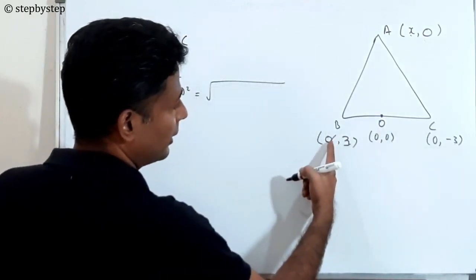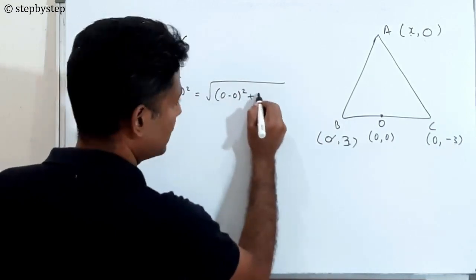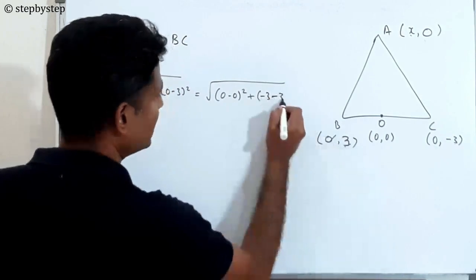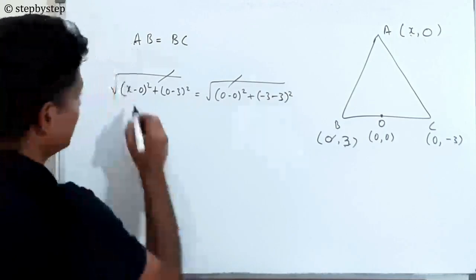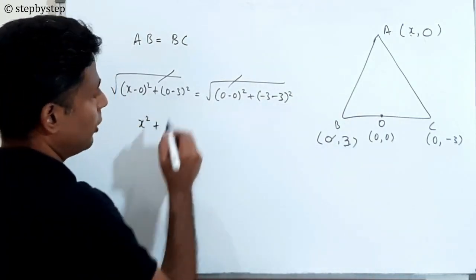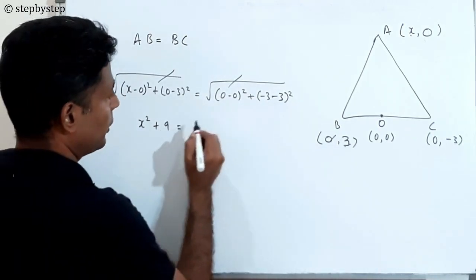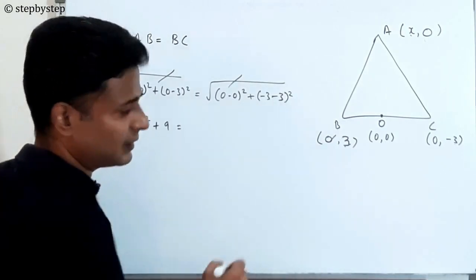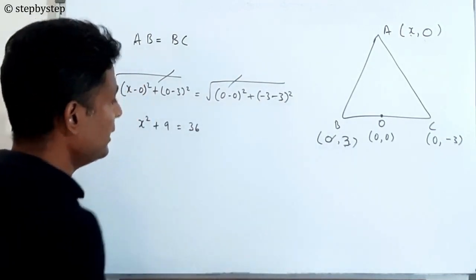So what is BC? x2 minus x1, that is 0 minus 0 whole square, plus y2, that is minus 3, minus y1, that is minus 3 whole square. Squaring both sides, square roots will cancel. We have x minus 0 whole square, that is x square, plus 0 minus 3 whole square, that is 9, equal to 0 minus 0 whole square, which is 0, plus minus 3 minus 3 whole square, that is 36.